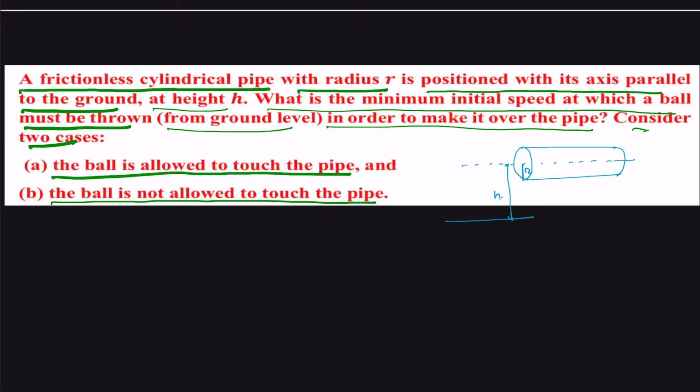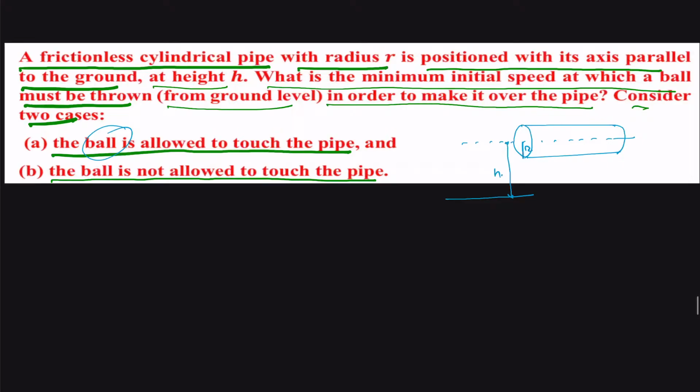And we have said that we are throwing a ball. So let us assume that from this position we are going to throw a ball with a velocity v, which is making angle theta. So we can divide this v into v cos theta, and v sine theta.